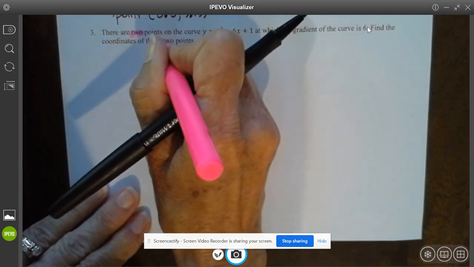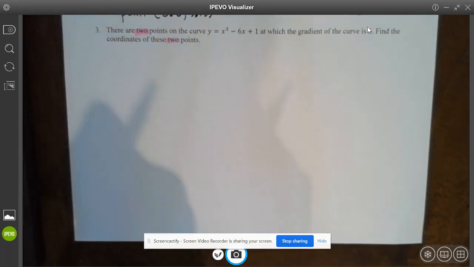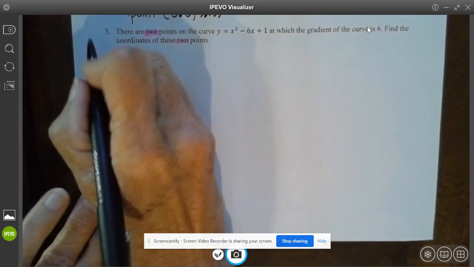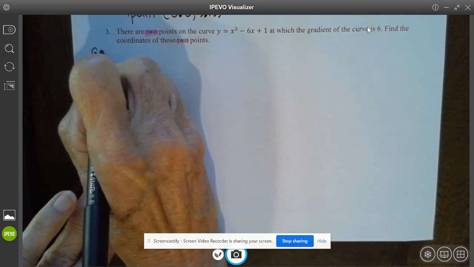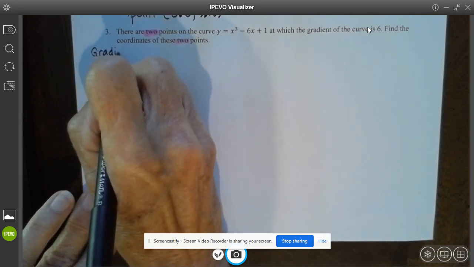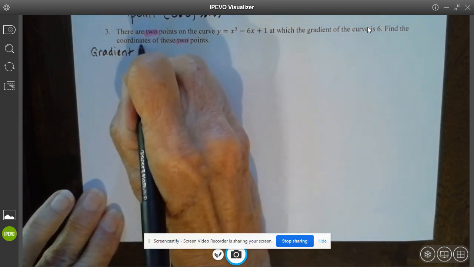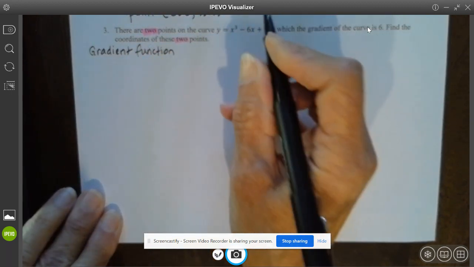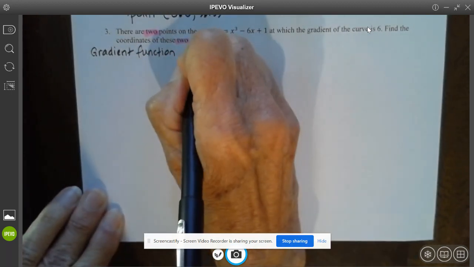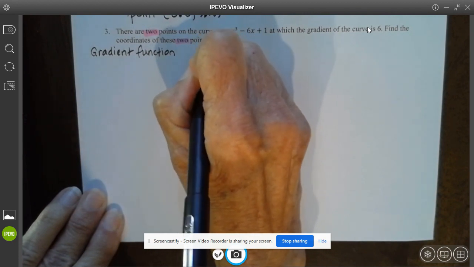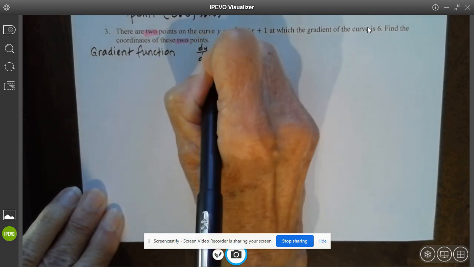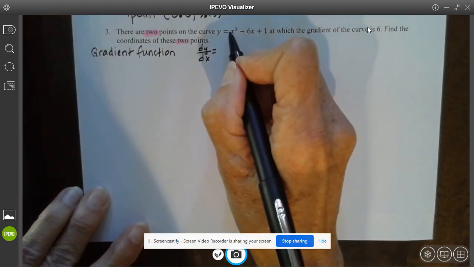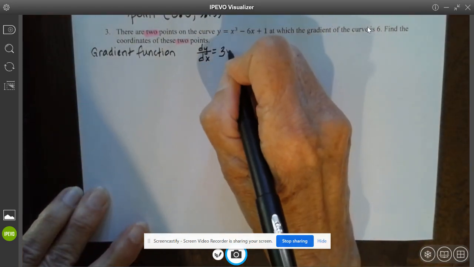So the first 2 problems we just finished, we only found 1 point, but you do it the exact same way. So the first thing you're going to do is find the gradient function. And this is a y equals again, so I'm going to say dy over dx equals, and let's do the power rule. 3 times 1 is 3.